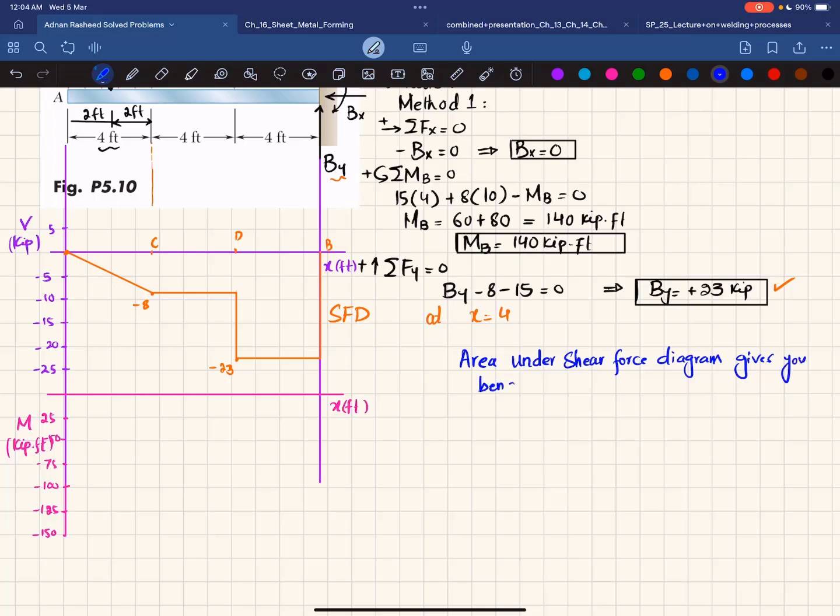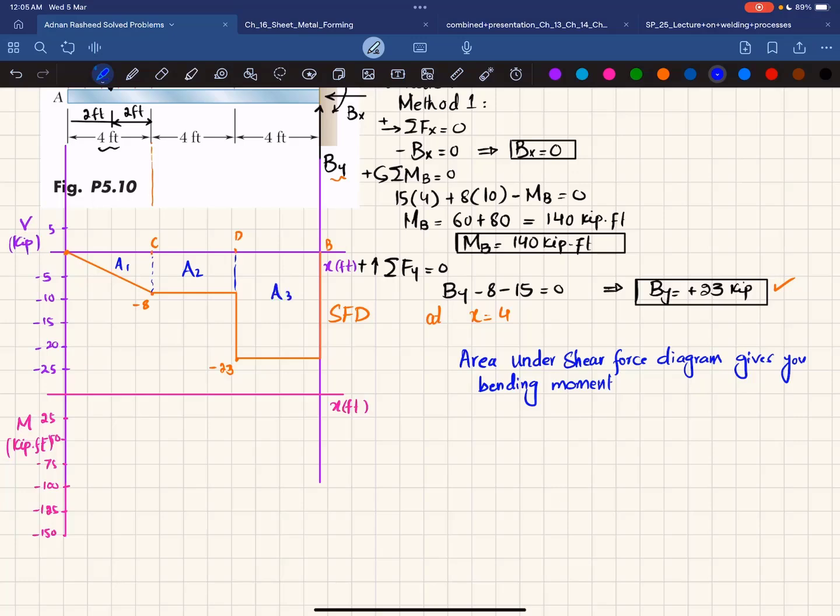So we will do that. We will take the first area under the shear force diagram, this one, from A to C. From C to D is like this, and from D to B, the area under the shear force diagram is this. So we will split them into 3 areas. This will be your first area A1, which will be this one. The second area will be A2, and third area will be this one.